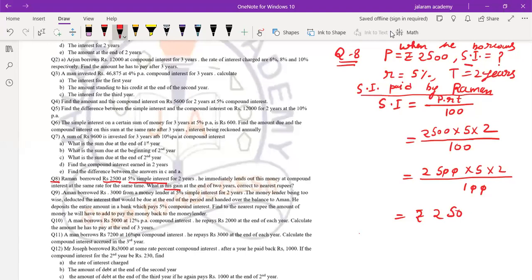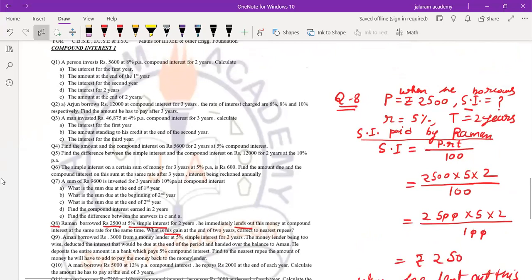Again, when he lends out, means when he lent out this sum, he will charge compound interest on it.